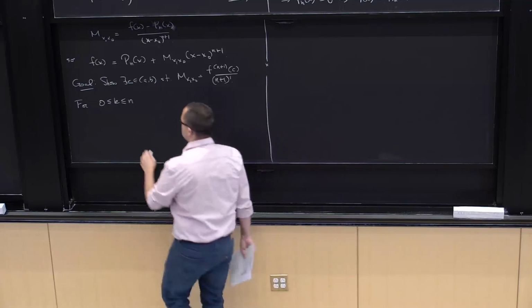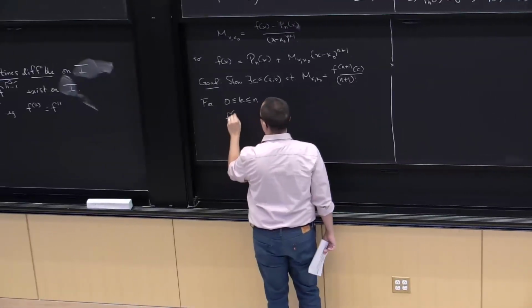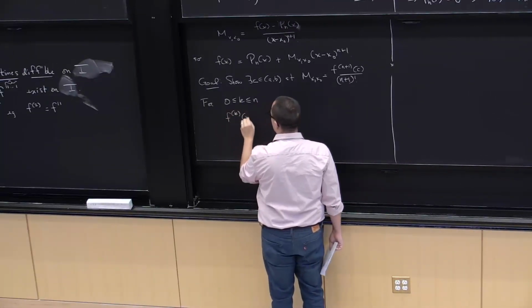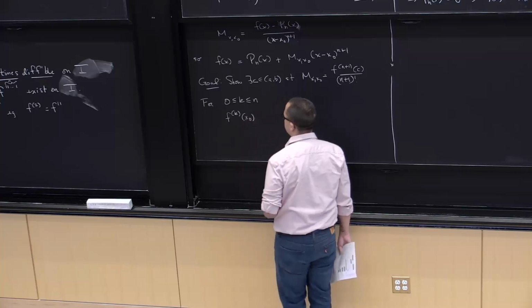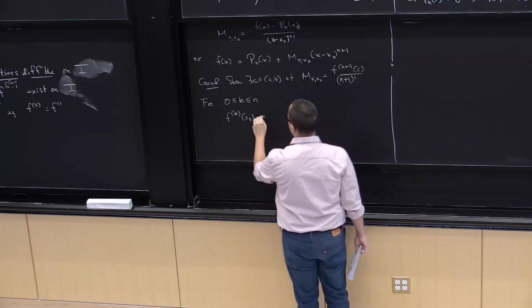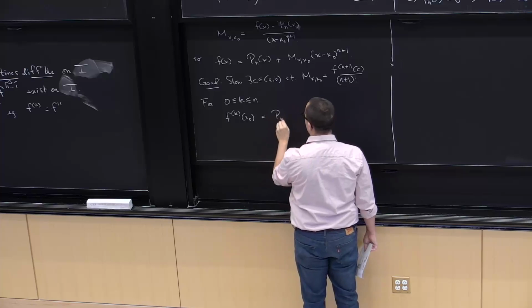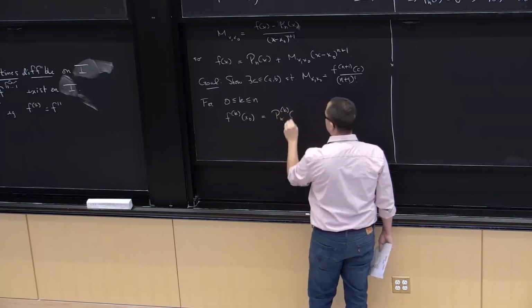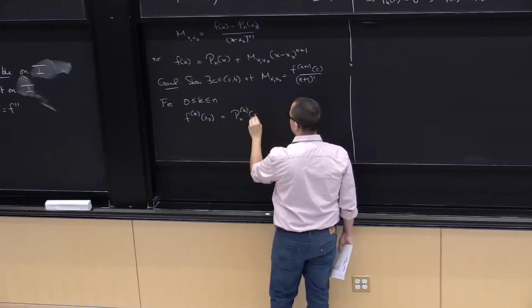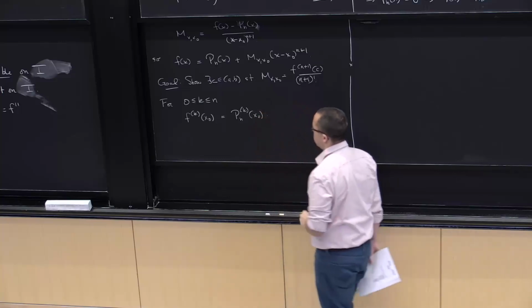Okay? In other words, if I take the kth derivative of f and evaluate it at x0, this is the same as taking the kth derivative of the Taylor polynomial and evaluating it at x0.